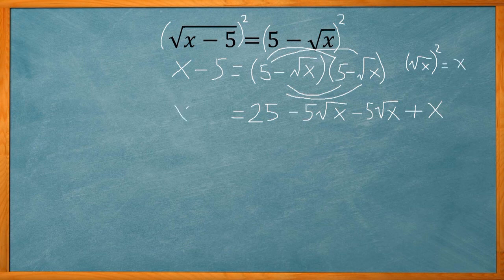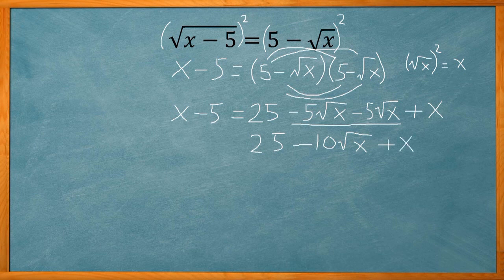Okay, so let's bring down the other side. Over here I can combine like terms. You get negative 5 square root of x minus 5 square root of x. It's going to give you negative 10 square root of x. And just bring down everything else. Alright, so I need to get the x's by themselves.